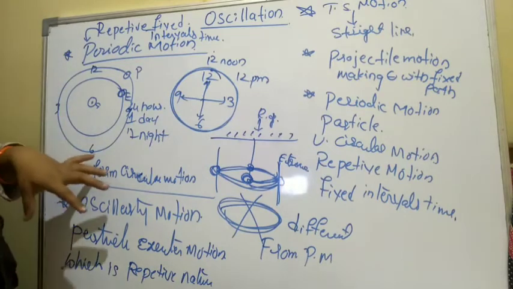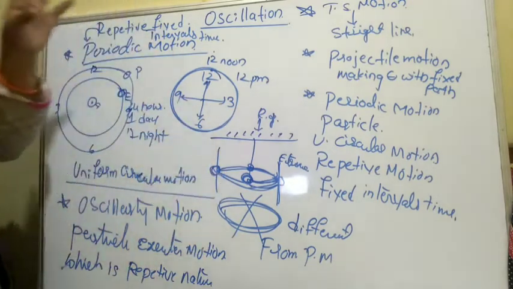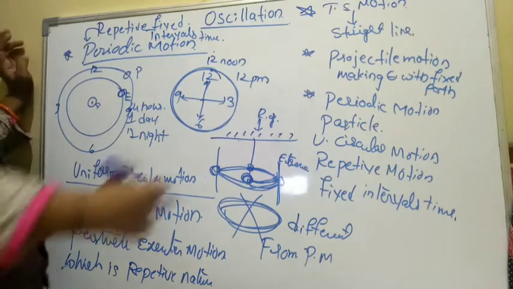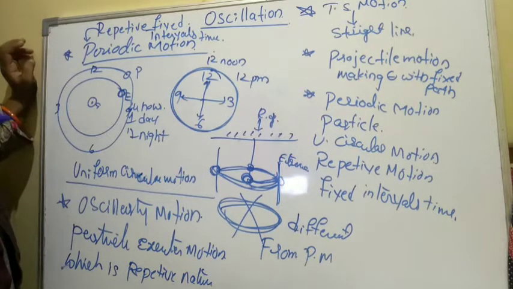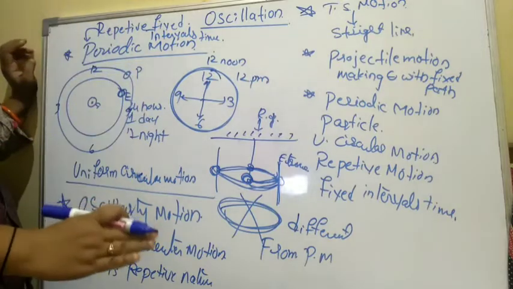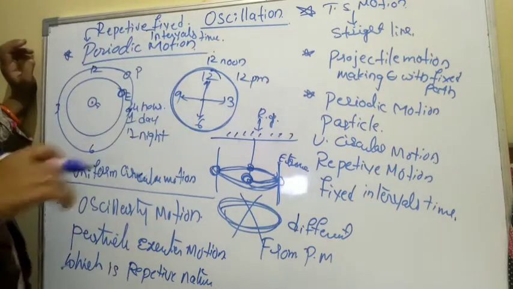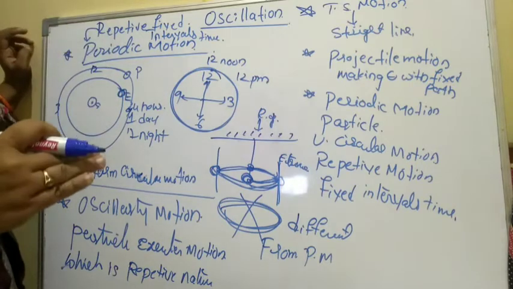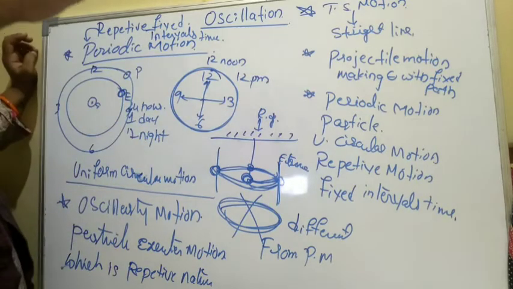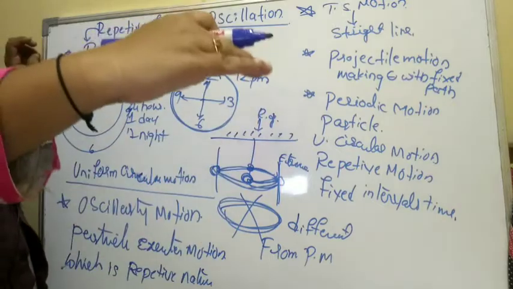For example, a pendulum, or a boy swinging on a swing, or a boat traveling in a river, going up and coming down, up and down.